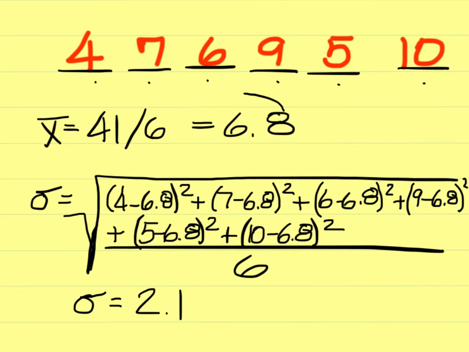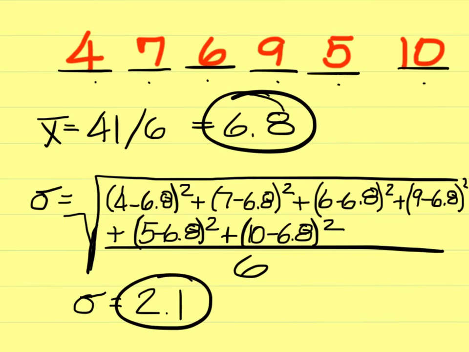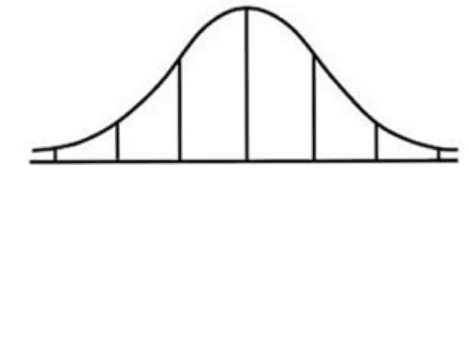Now this is the information that we have to take with us to the next screen so we can fill in the distribution. 6.8 is the average and 2.1 is the standard deviation. From the previous screen, we know that the average is 6.8. And then the standard deviation was 2.1.